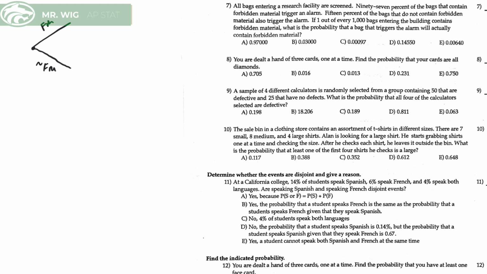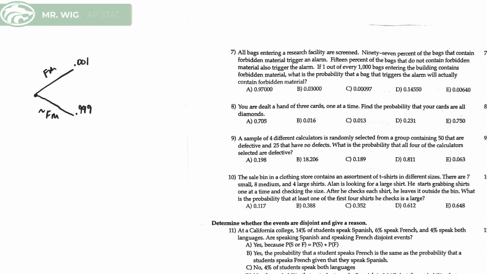People that don't take this seriously and don't learn this task, I would say this is one of the biggest tools to use in this chapter for this kind of problem. This is going to show up a lot in this worksheet, so make sure you pay attention. Right, so it's 0.001, 1 out of 1,000. What's the probability that we do not find the material in the bag? It's just 1 minus that value, so 0.999, right?